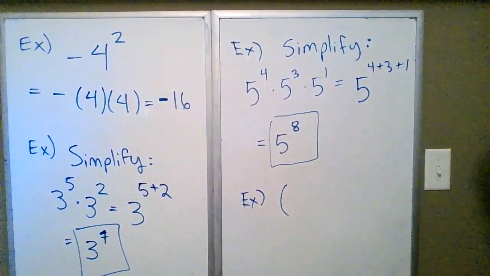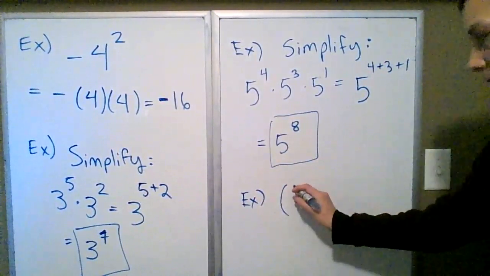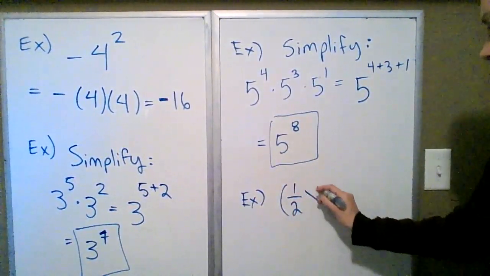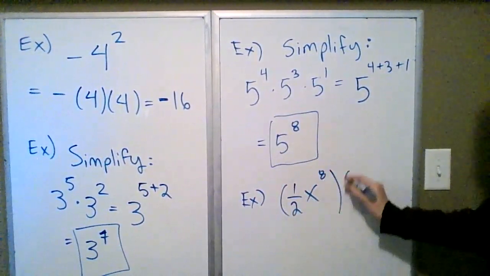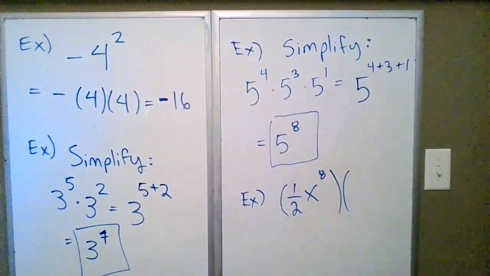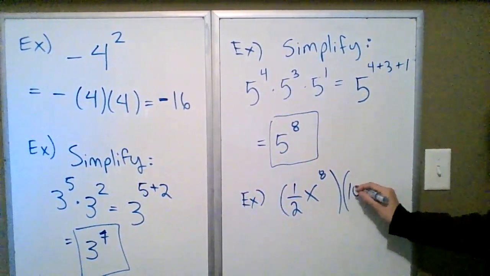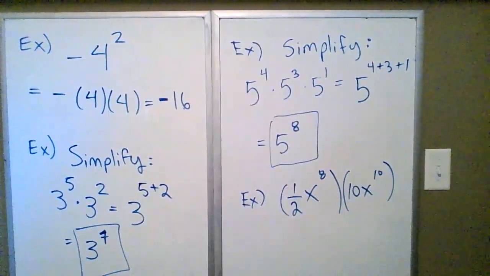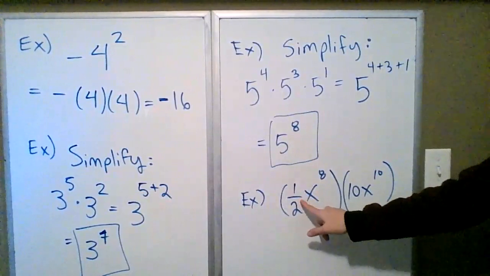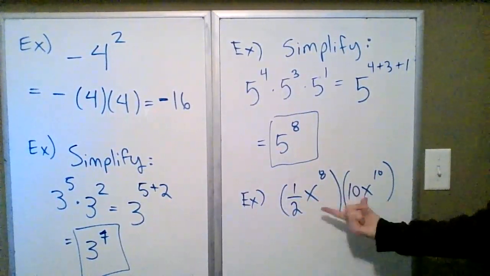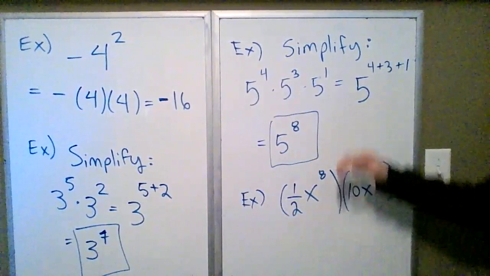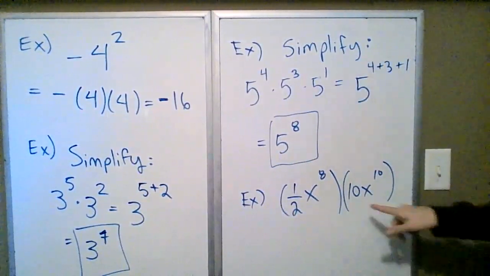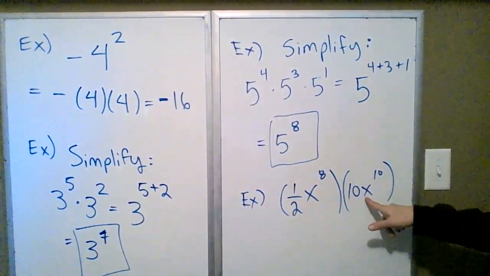Okay, this time we're going to take 1/2 x to the 8th, multiply it with 10x to the 10th. We will multiply those numbers together and then multiply those x values together and use that rule with the base of x.